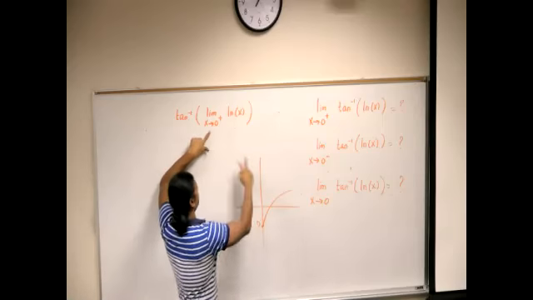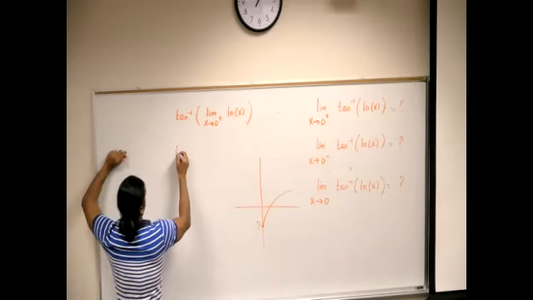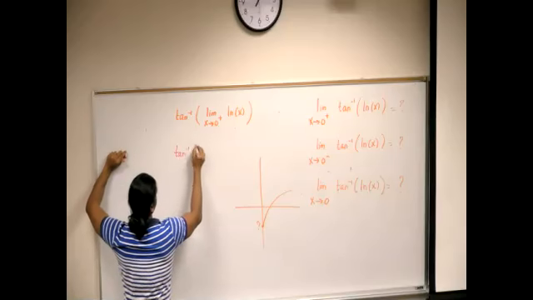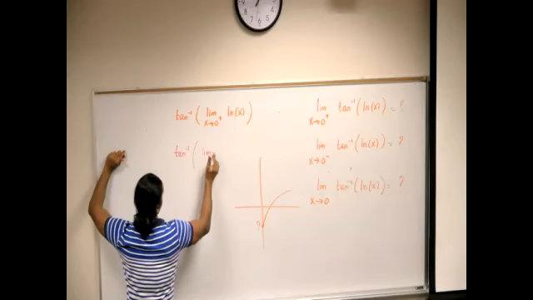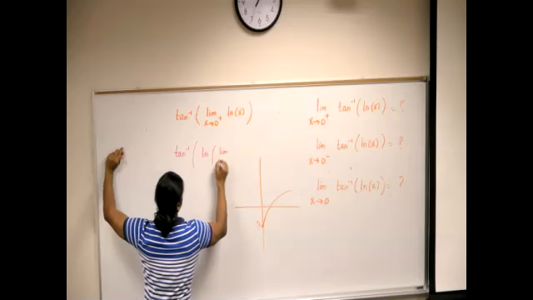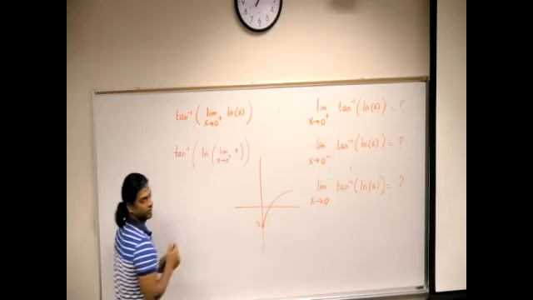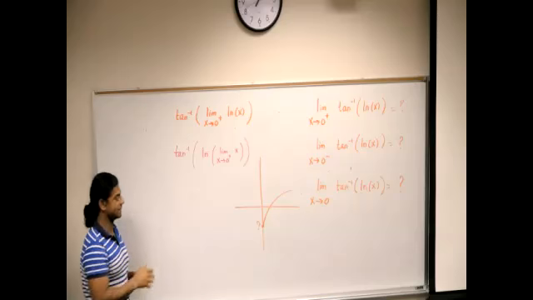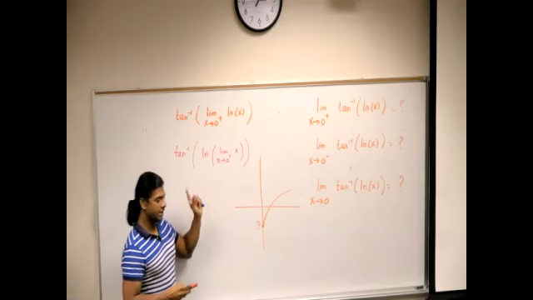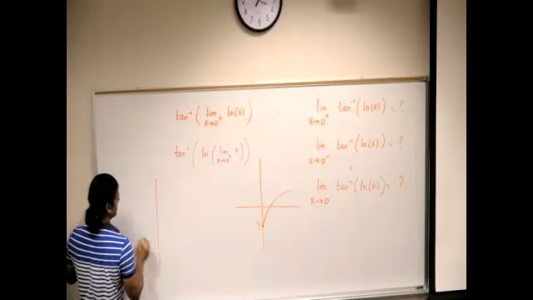As you approach from the right-hand side, you can move the limit all the way to x. So we know the graph of a natural logarithm. What does that look like?